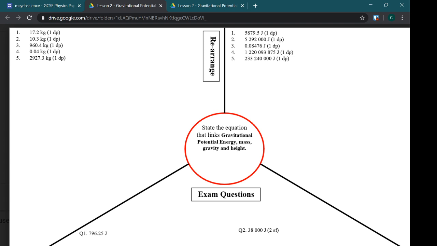Oh, hang on. My answer on the left, on the right hand side, and on the left, I've just copied and pasted me doing 1 dp, but I clearly haven't actually rounded it to 1 dp. So ignore the 1 dp stuff.